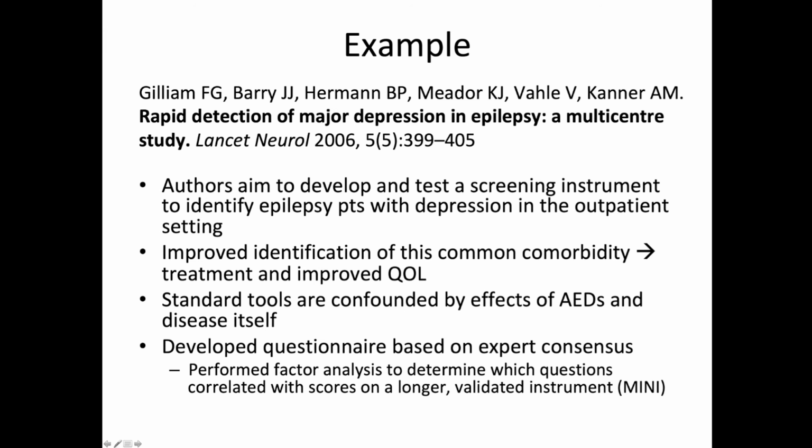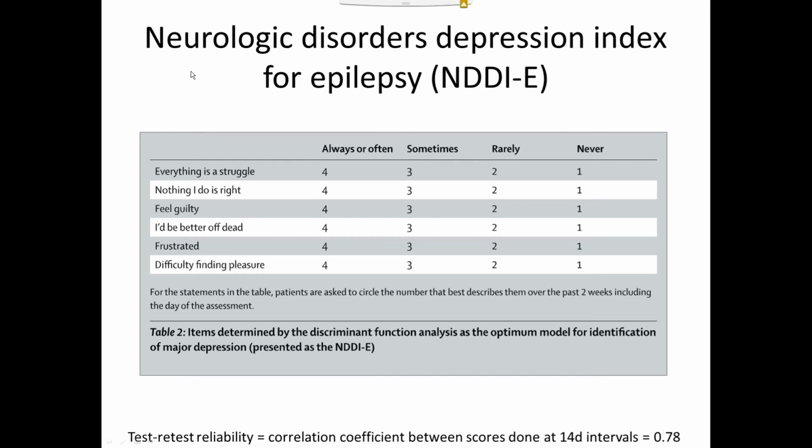It was initially developed based on expert consensus. They did a pilot study where they looked at scores on this test with a longer validated instrument and refined the test. And this is an example of the test.